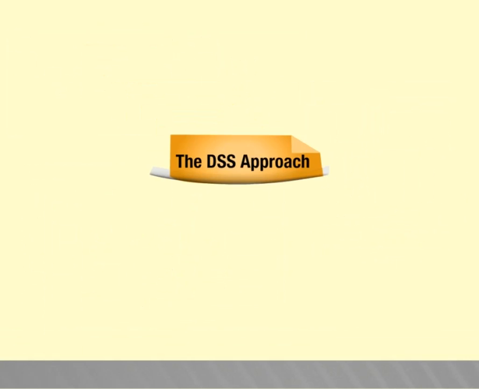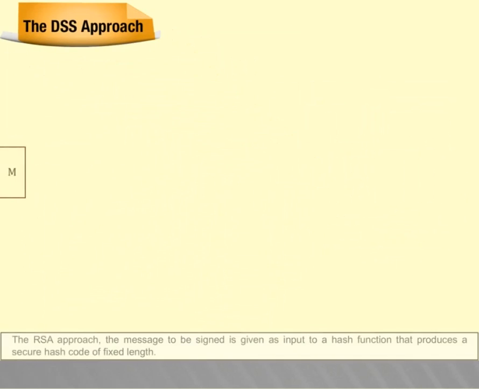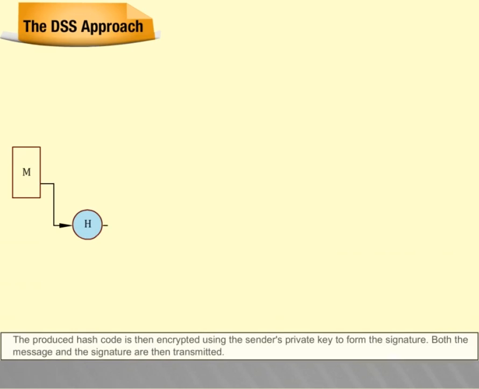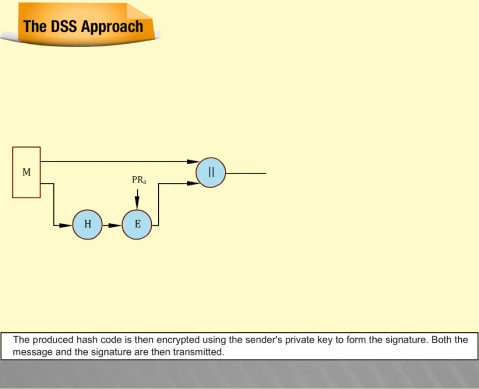The DSS approach. In the RSA approach, the message to be signed is given as input to a hash function that produces a secure hash code of fixed length. The produced hash code is then encrypted using the sender's private key to form the signature. Both the message and the signature are then transmitted.